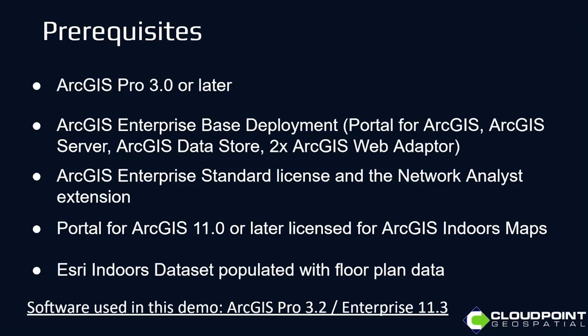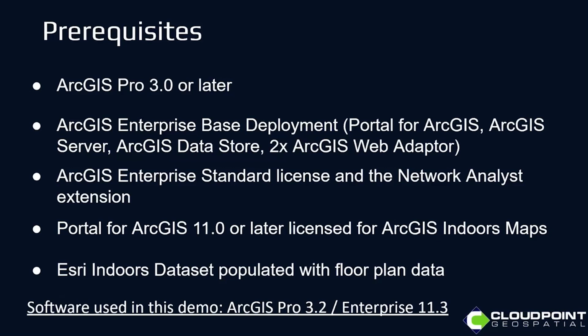For the route network, as it uses the Network Analyst extension, you do need that as part of ArcGIS Enterprise. It comes with the standard license. You will also need ArcGIS 11.0 or later and be licensed for the ArcGIS Indoors Maps product. And lastly, you will also need your Indoors dataset populated with your floor plan data.